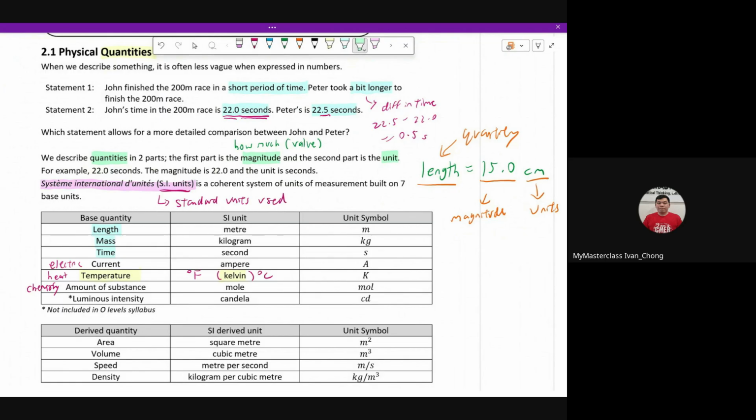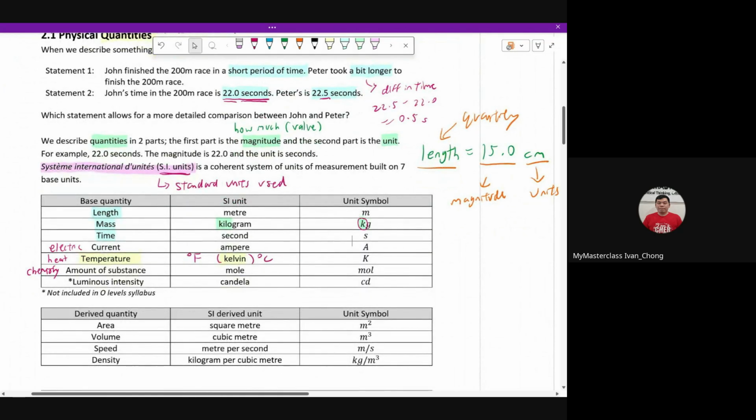Now, I want you to take note of mass. Mass is the only one that actually has an extra word in front because this is actually in kilogram. You will notice that in front of the rest, there's nothing in front, right? Only that your kilogram has this extra kilo in front. Kilo is what we call a prefix, and I'll touch more on the prefix later on.